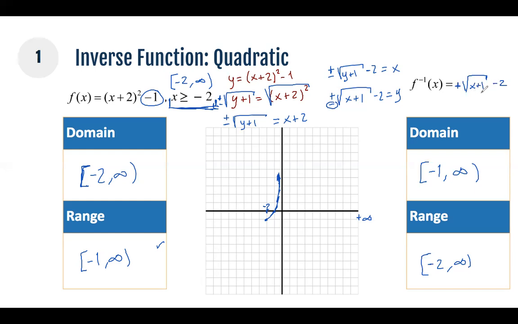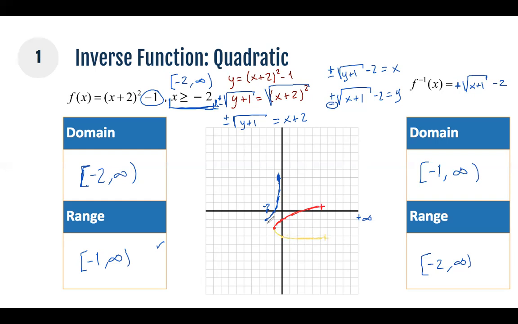So if we sketch this function, it's going to be shifted 1 unit to the left. I'm going to use red, 1 unit to the left and 2 units down. And it's going to go kind of like that. If we had decided to go with the negative, the graph would have looked like that.